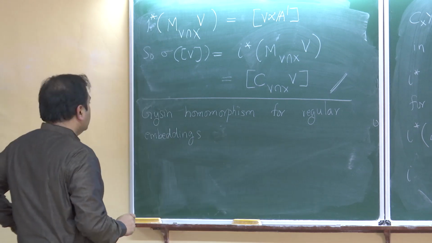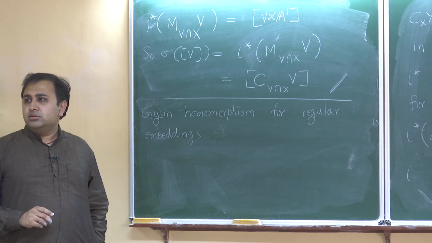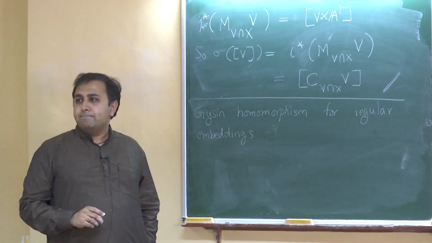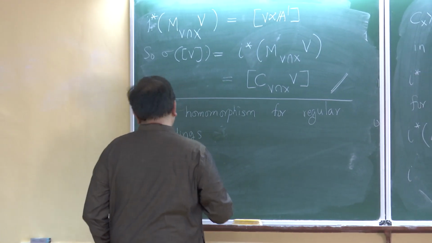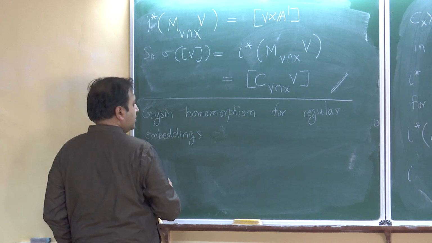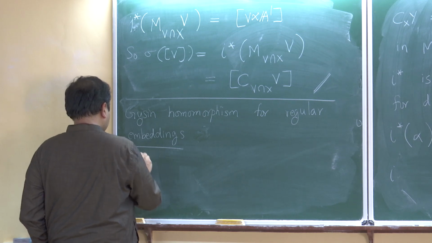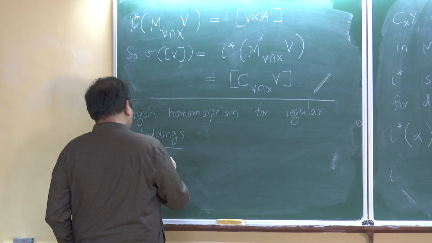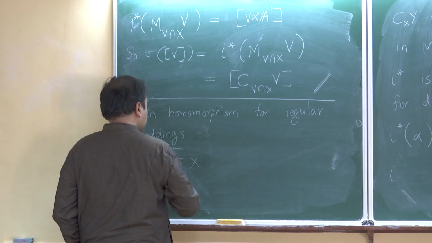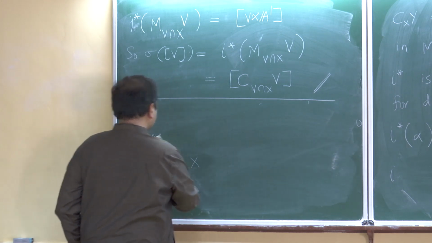I think I need smooth, right? The varieties need to be non-singular. Let me just write down the statement that I'm trying to make.